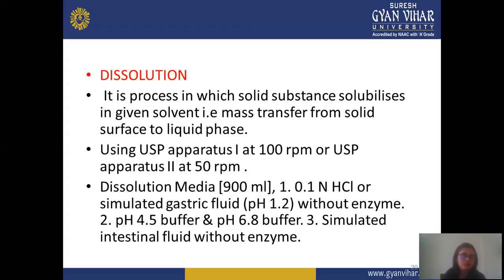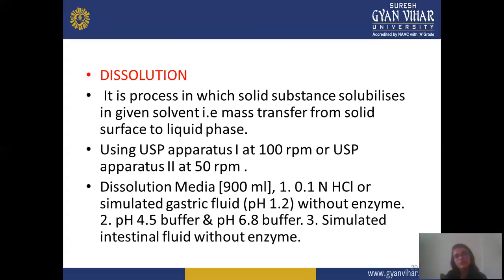Means this dissolution test depends on the type of formulation. If you require effect on the stomach, then in this condition you require 0.1 normal HCl, pH 1.2, without enzyme, because the effect is required on the stomach.